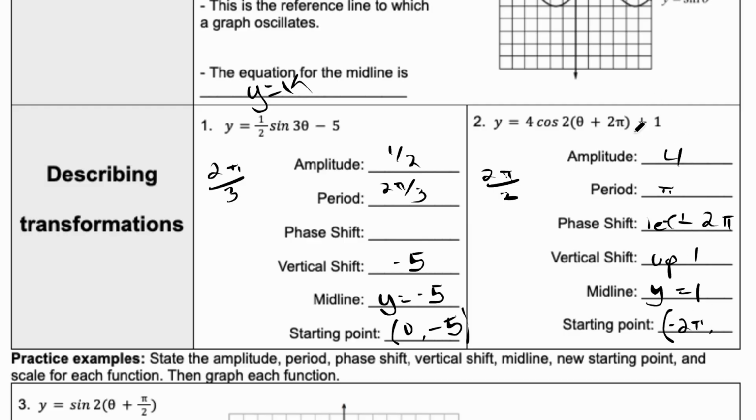We're shifting up 1, so we have 1. But since this is a cosine function, not a sine function, which starts at 0, we have to include our amplitude, so we do 1, right?